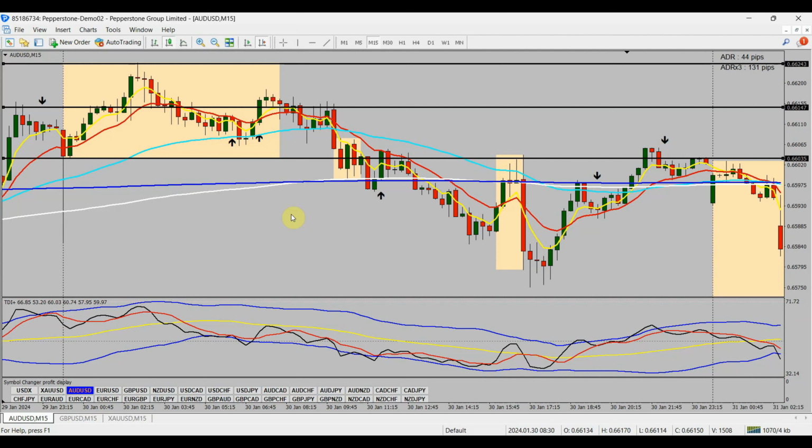And now our type 3 patterns is where price would have found some area of support or resistance or an area of reversal around our Asian midline. Now let's talk about that. As we can see here, we have our Asian high and we have our Asian low. Now, these patterns are a little bit more tricky and more challenging to identify, but they are present in the markets.